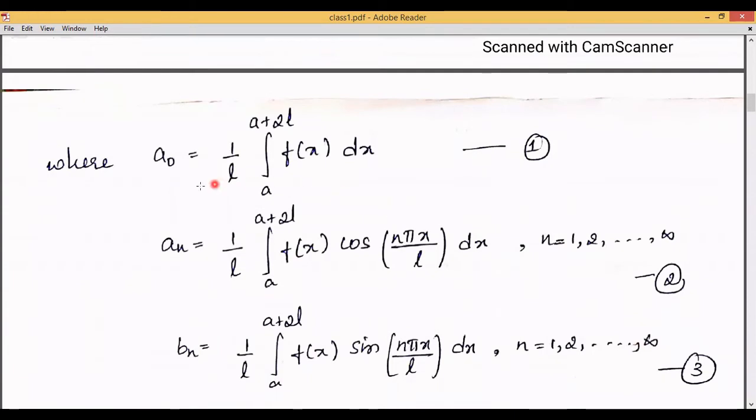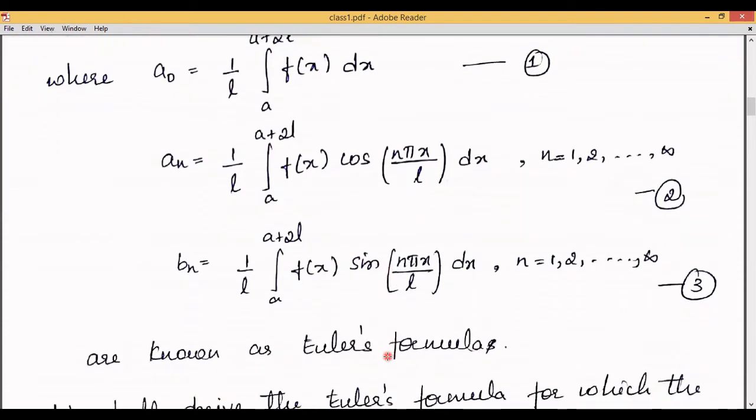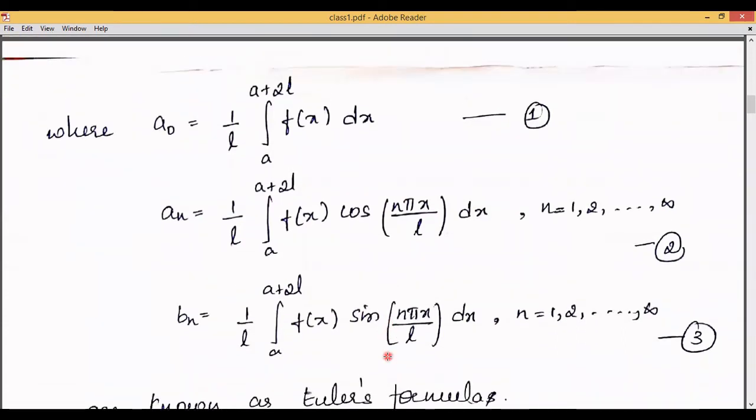Where a naught is given by 1 by L integral a to a plus 2L f of x dx, a n is equal to 1 by L integral a to a plus 2L f of x cos n pi x by L dx, n running from 1 to infinity, and b n is equal to 1 by L integral a to a plus 2L f of x sin n pi x by L dx, n running from 1 to infinity. These three are known as Euler's formulas.